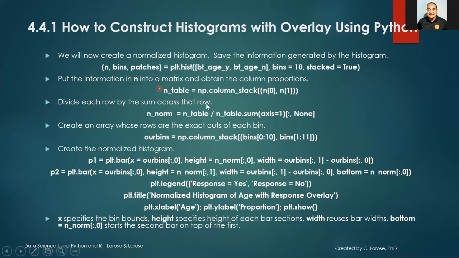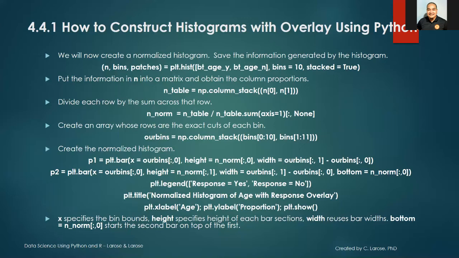Using this command, the result n_table is a two-column matrix where each column's entries hold the heights of each bar.